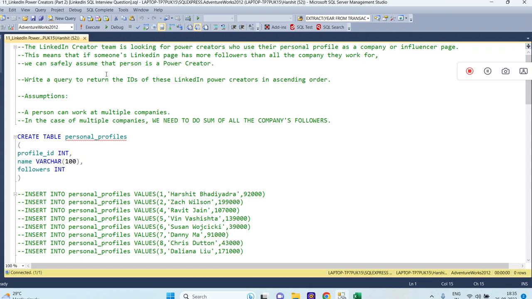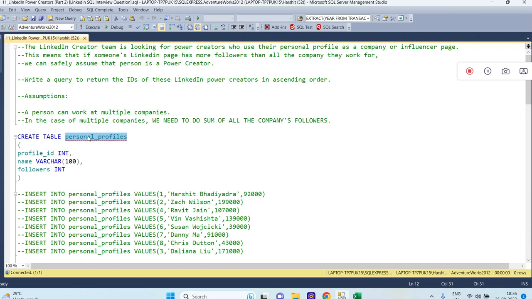So if the individual's follower count is greater than the follower count of the company they work for, then you can consider that individual a power creator. Now write a query to return the ID of these LinkedIn power creators in ascending order. One person can work for multiple companies. In the case of multiple companies, we need to do the sum of all the companies' followers.